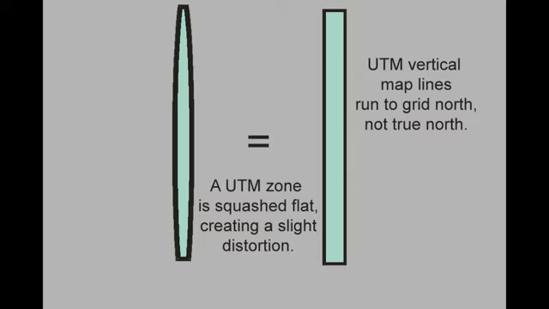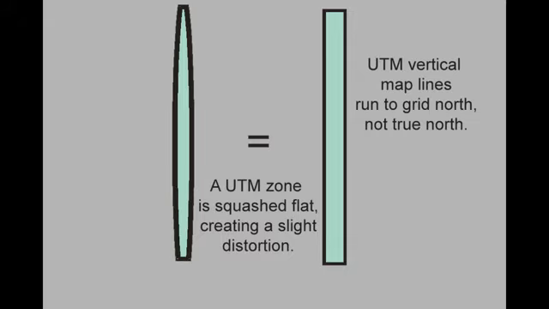As a point of interest here, let me say a few words about north-south lines on the map. The north-south lines formed by longitude lines are true north-south lines, and the north-south lines formed by UTM grid zones are not really true north-south lines.